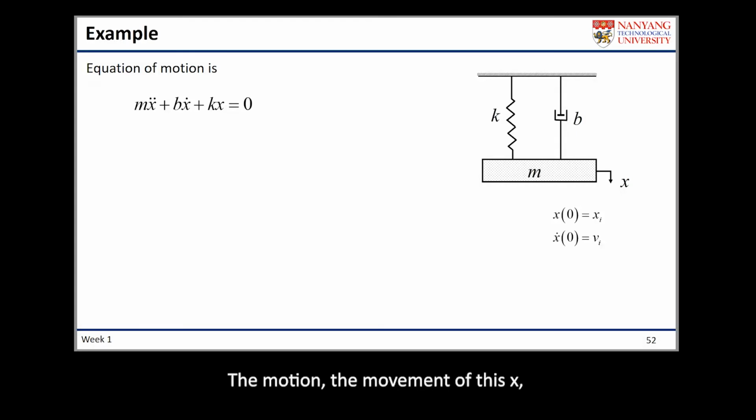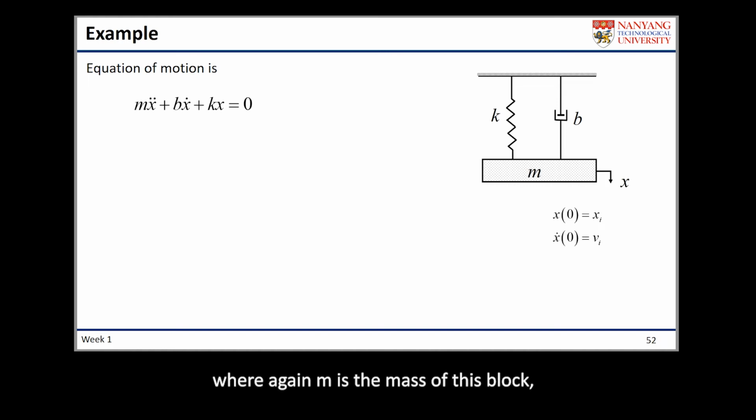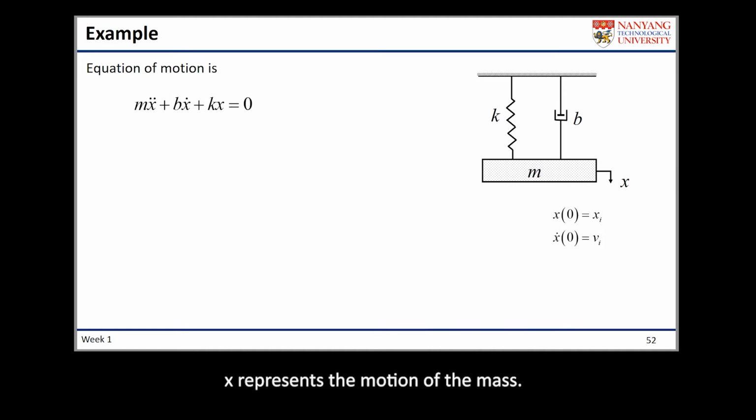The motion of this mass m can be represented by this following equation of motion, where again m is the mass of this block, b is the damping value of the damper, k is the stiffness value of the spring, x represents the motion of the mass.